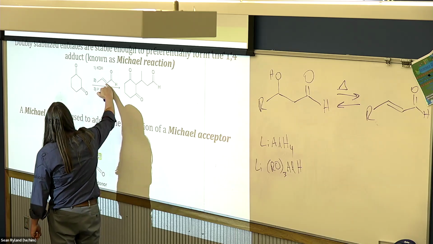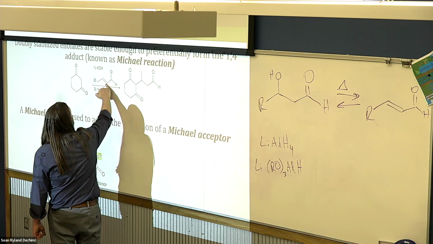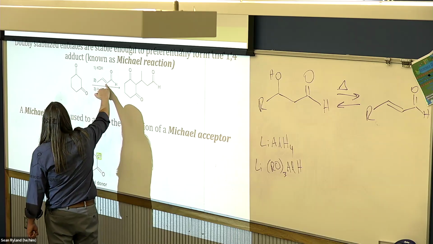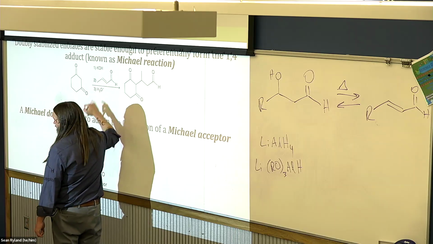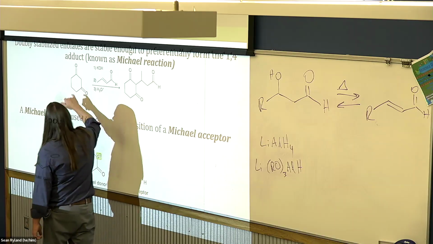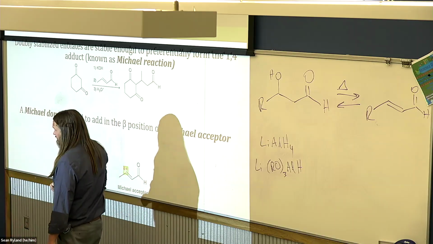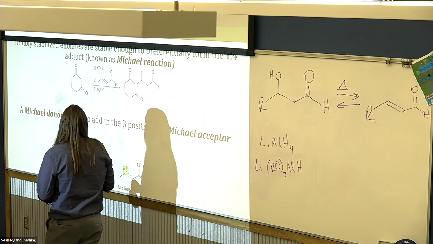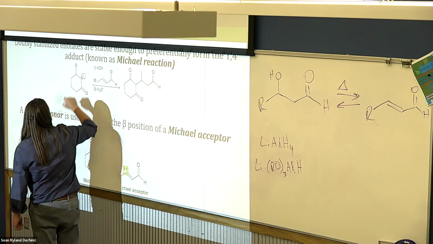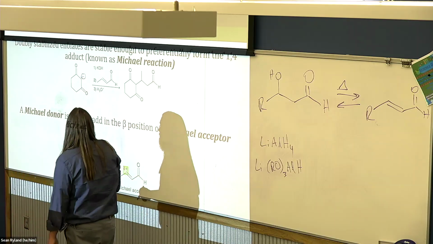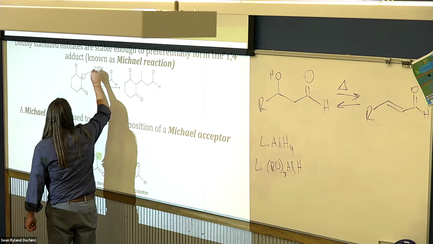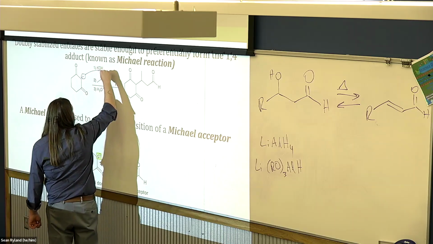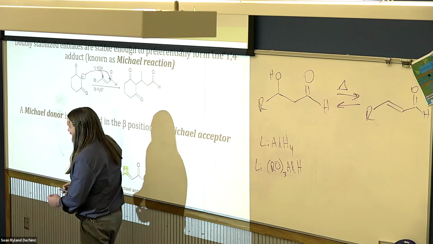If we have that alpha beta unsaturated carbonyl, that is going to be a target for a nucleophile. If we use a doubly stabilized enolate as the nucleophile, it can come in and attack one of these two carbons, the beta carbon or the carbonyl carbon.